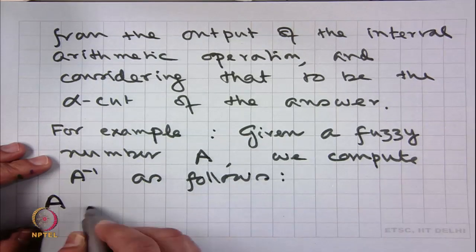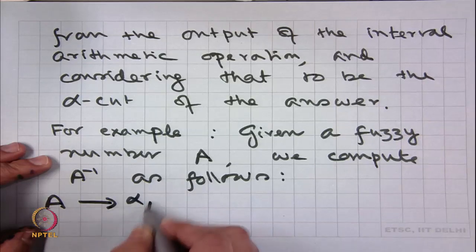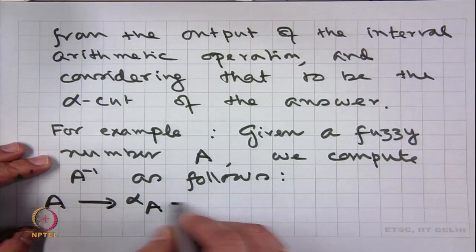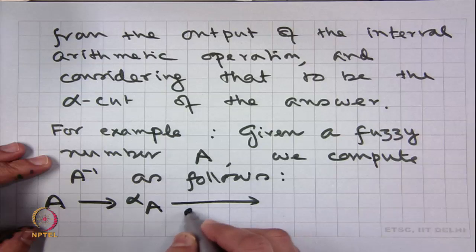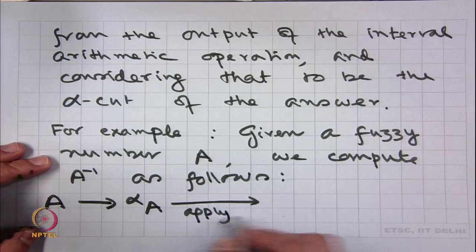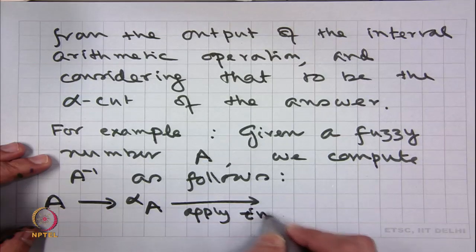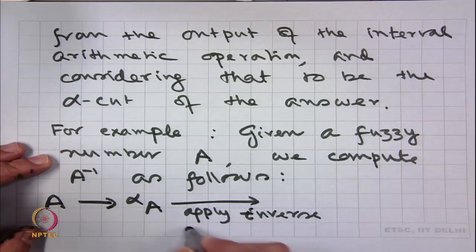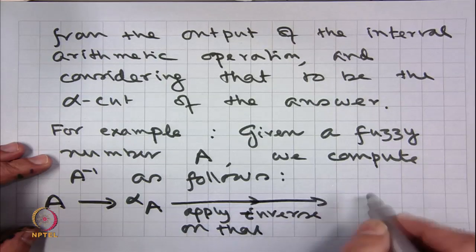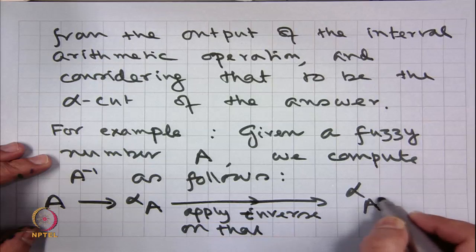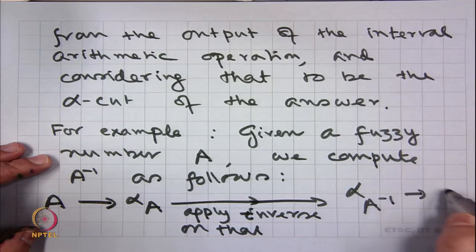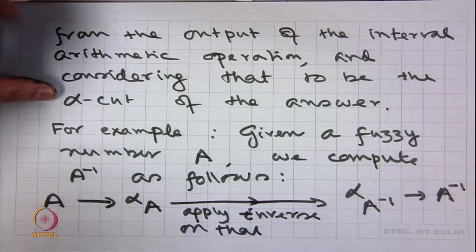From A, compute alpha cut of A, apply inverse on that interval to get alpha cut of A inverse, and from there get A inverse, that is reciprocal.